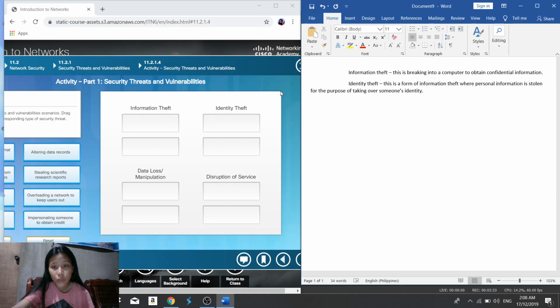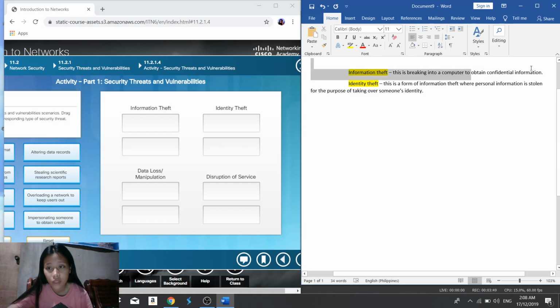This is a form of information theft where personal information is stolen for the purpose of taking over someone's identity. So in identity theft, personal information is stolen for the purpose of taking someone's identity. For information theft, you obtain confidential information, and for identity theft, personal information is stolen.